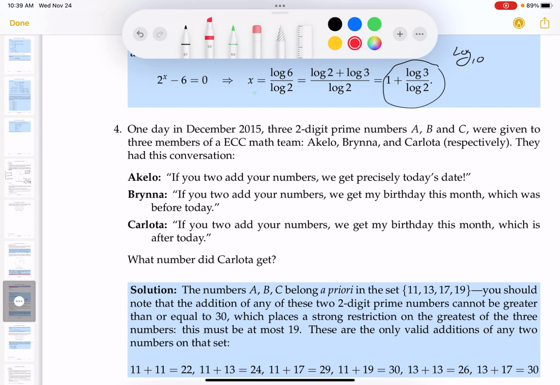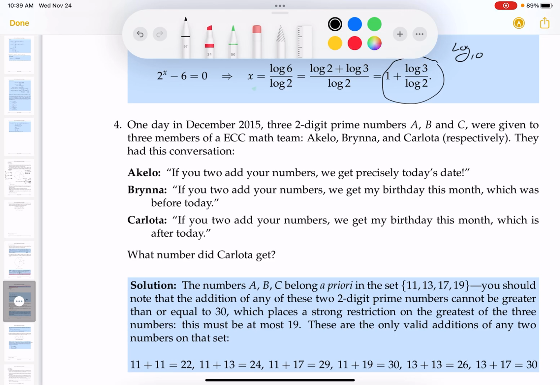Now, if they've given a 2-digit prime number, I want to point out that you couldn't put down something like 7, for example. But what's the first 2-digit number? 10, but that's not prime. So 11 would be prime, right? Let's see, 12's not good. 13's good. Maybe that's one of the numbers they gave them. And then 14's not good. 15's not good. 16's not good. But 17's okay, right?